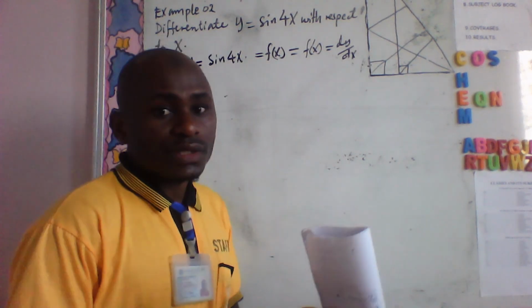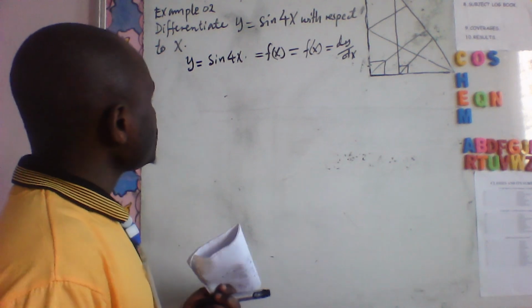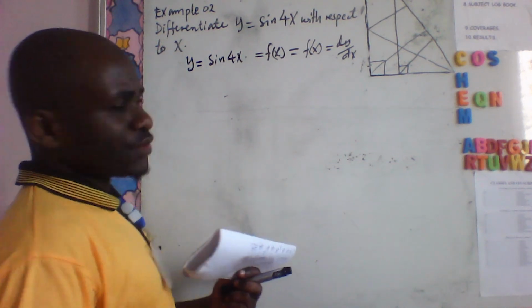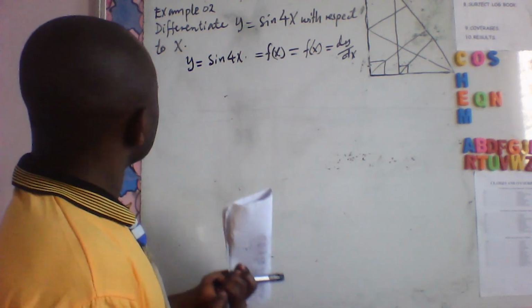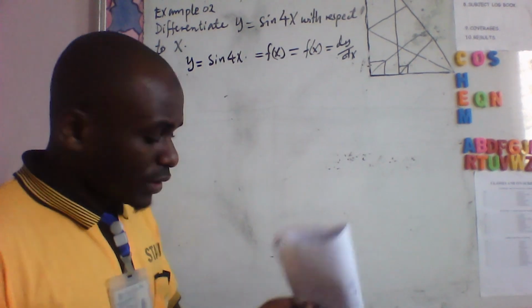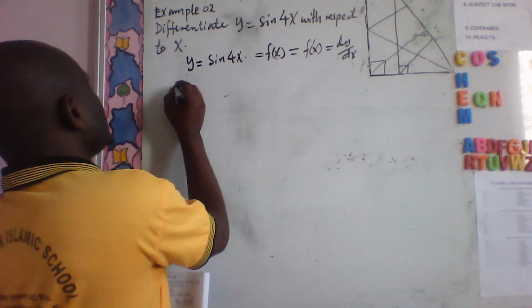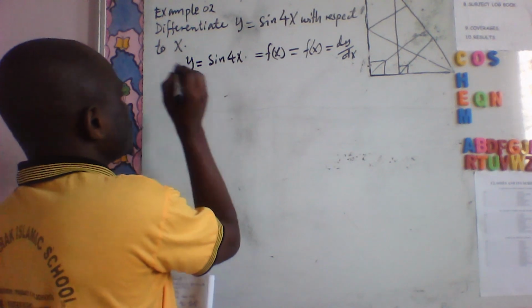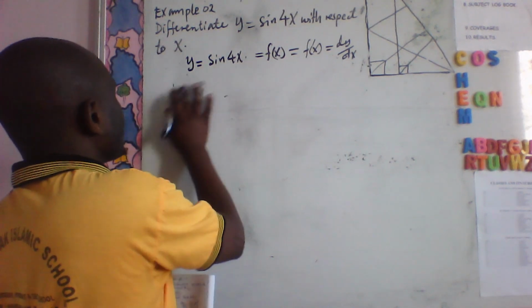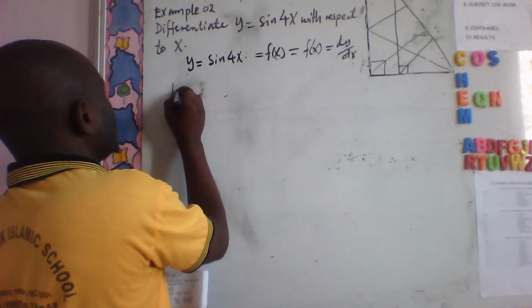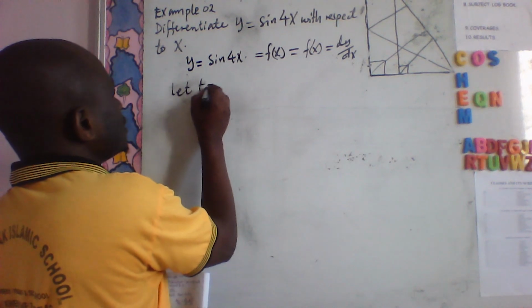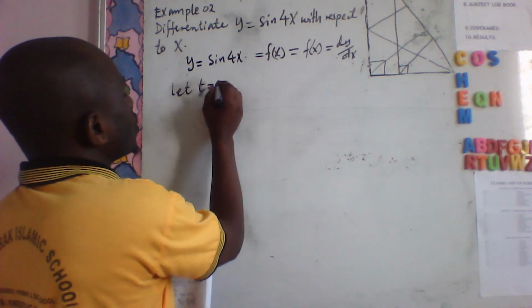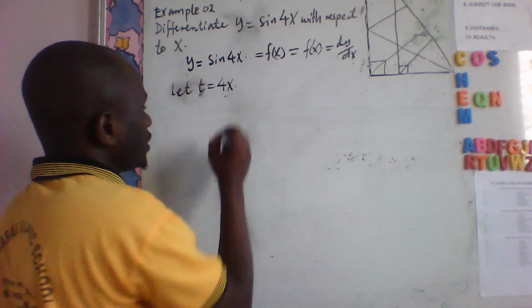So let us proceed. We are supposed to let t be equal to 4x.